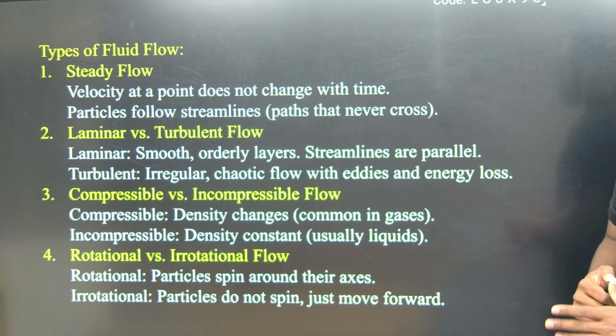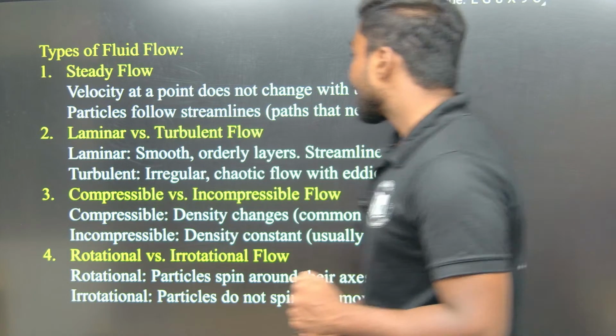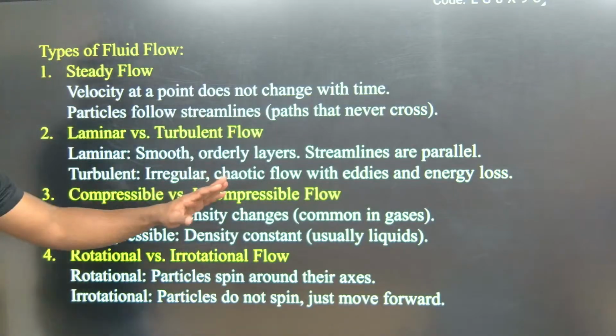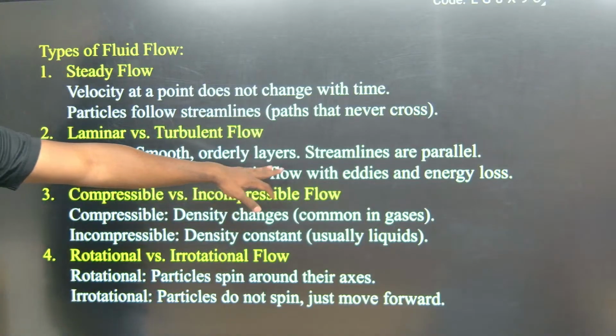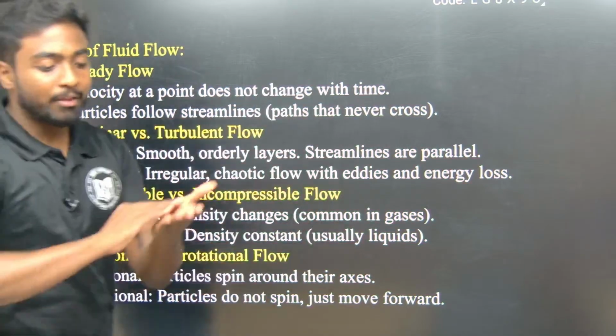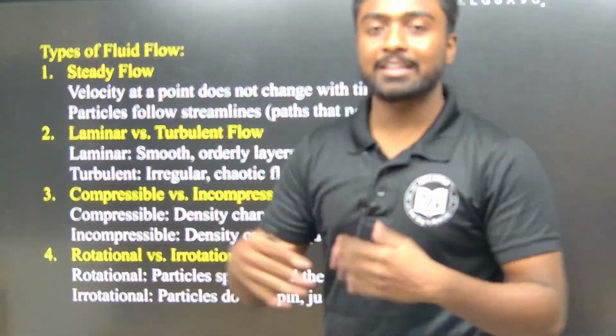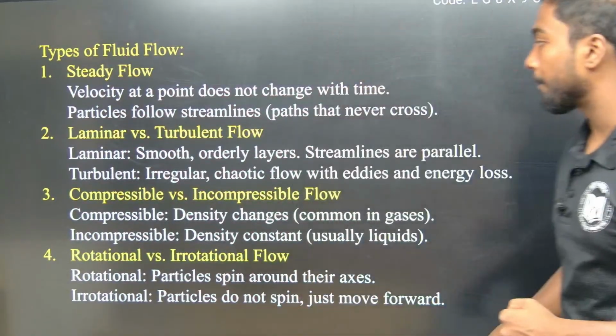The next is laminar and turbulent. Laminar is a smooth, orderly layered flow, and streamlines are parallel. Turbulent is irregular, and energy is lost, because when one layer and another layer clash, energy is lost.